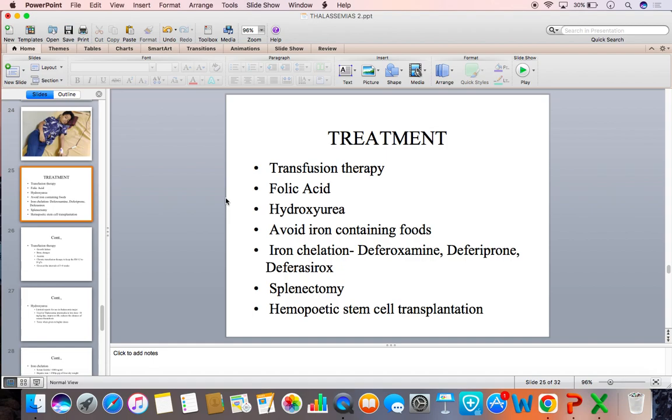Then supplement with folic acid. Hydroxyurea is not that effective for patients with beta thalassemia, but there have been trials to treat the patients of thalassemia intermedia with some amount of response.